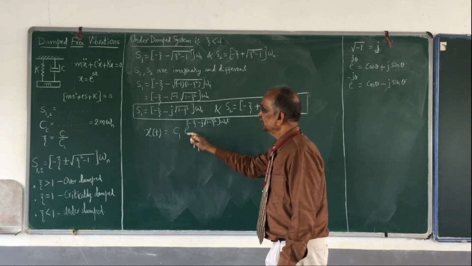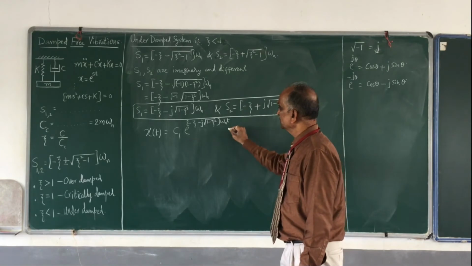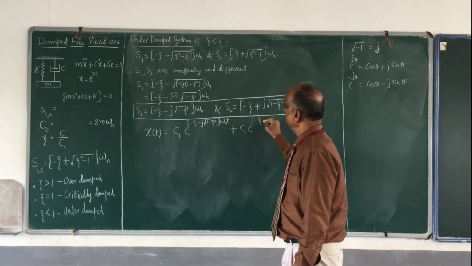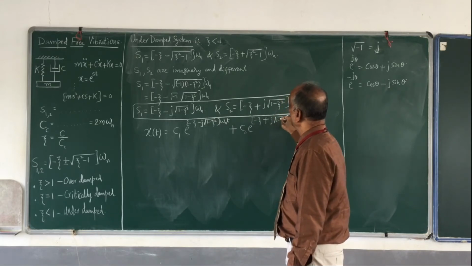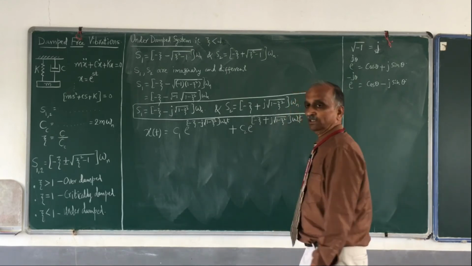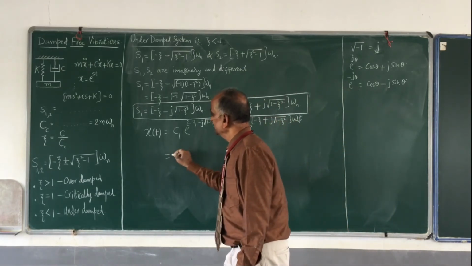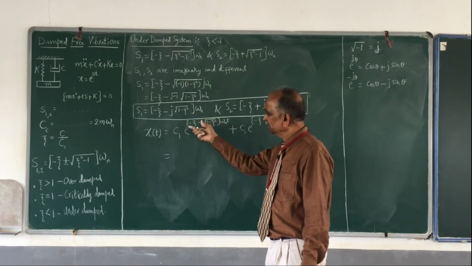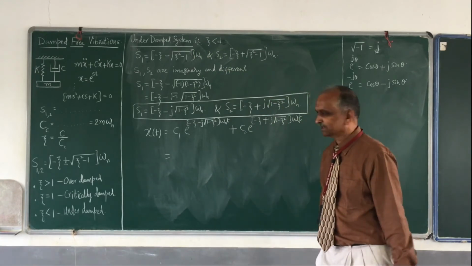This is nothing but C1 into e raised to S1t plus C2 into e raised to S2t on the same line. C2 into e raised to minus theta, now it is plus j into root of 1 minus theta square into omega n into t. Okay? As usual, as I said, even into this omega n t, I shall take it out within the square bracket. What I did in the overdamped system, the same similar thing.